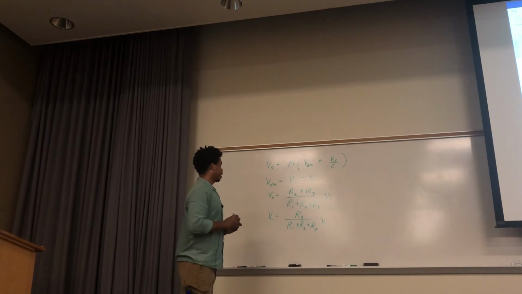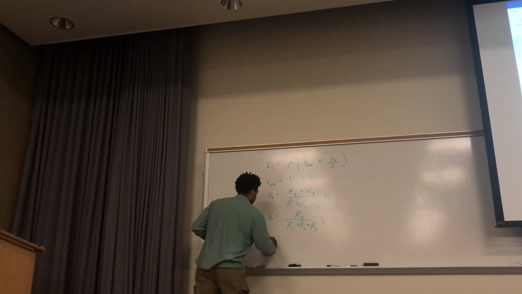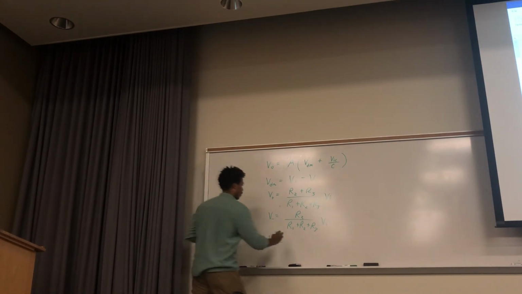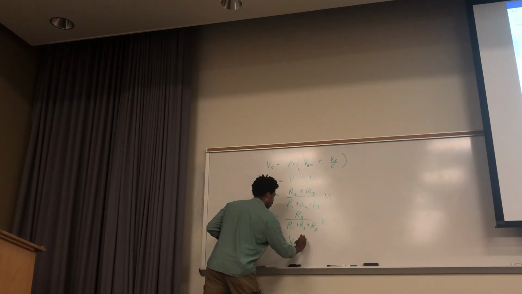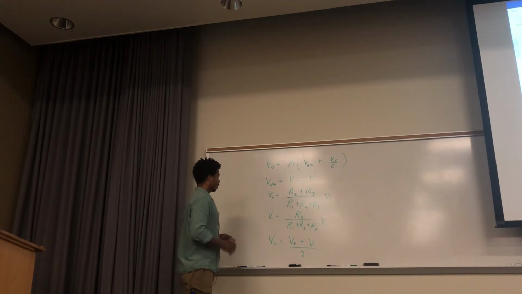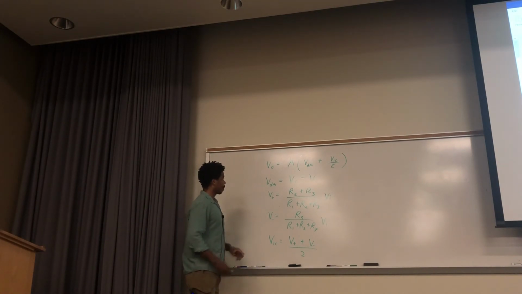So that's that. For this one right here, the VIC, that's V plus V minus, because you're just doing an average there, over 2. And we found out what each one of those are.